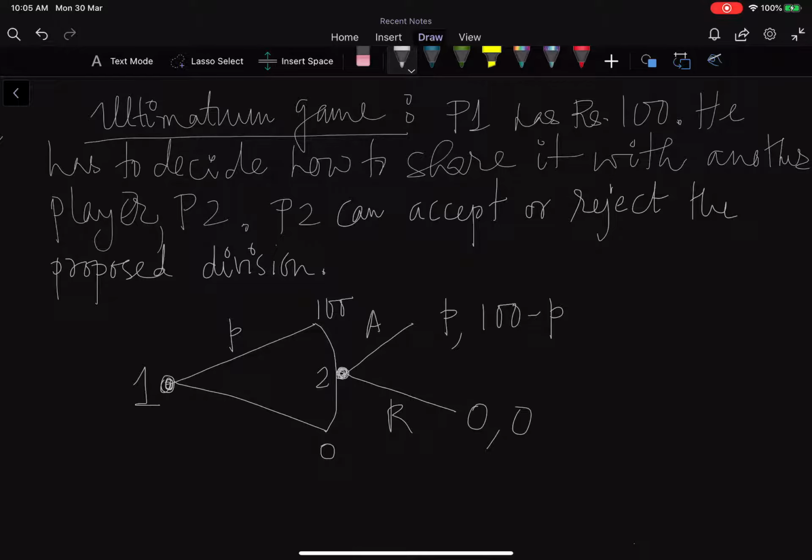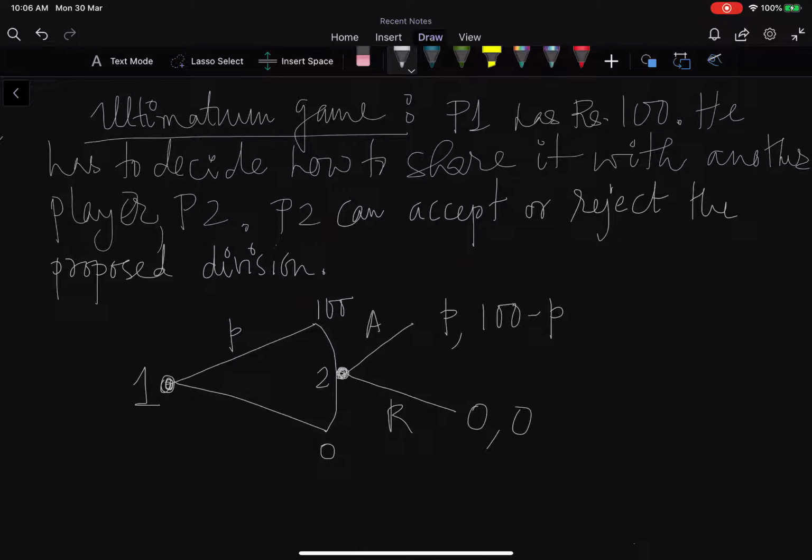Okay, so what will happen here? What would be the strategy? You can apply backward induction here. Notice why? Because here all nodes, all information sets are singleton nodes. Everybody knows where exactly they are located, because player 2 can see what player 1 has chosen.